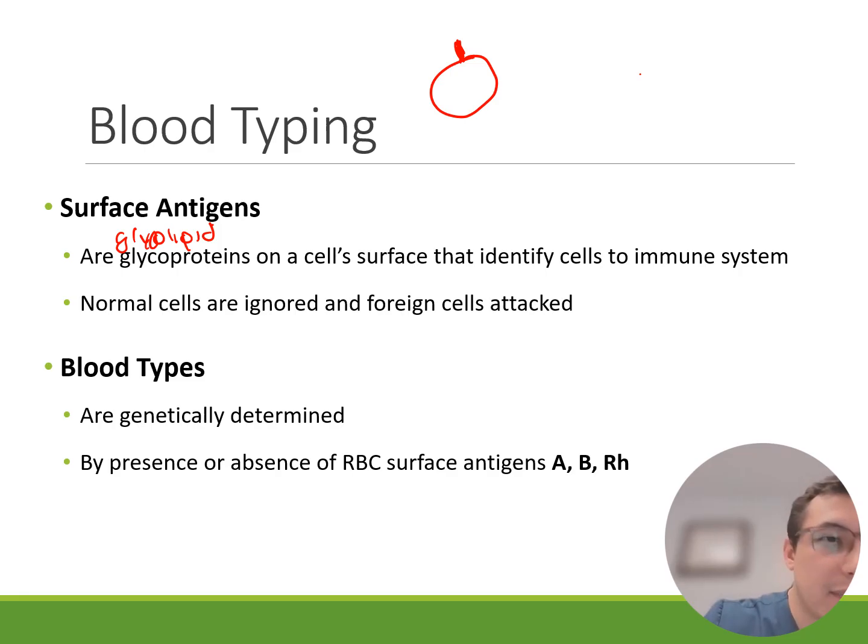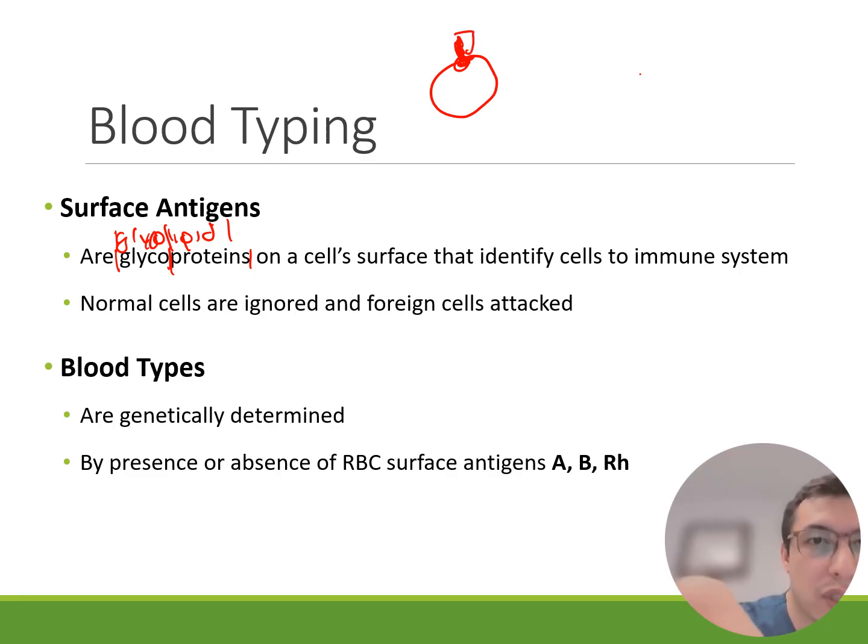The lipid portion of this molecule will be embedded in the cell membrane, and the protein portion of this one will also be embedded in the cell membrane. Now the glyco portion, which we are referring to as carbohydrates, is expressed on the outer portion of this membrane.